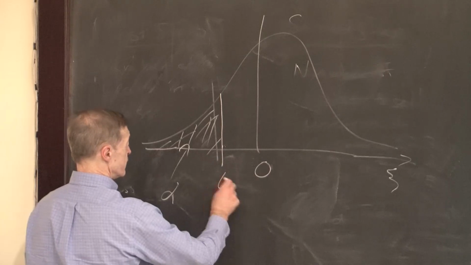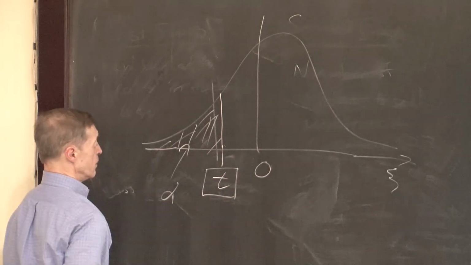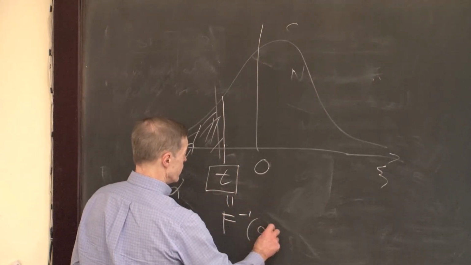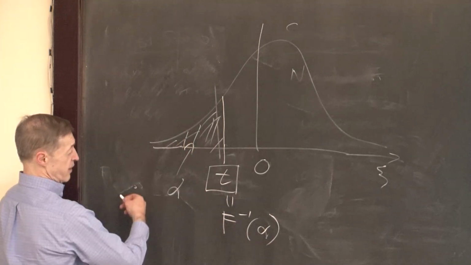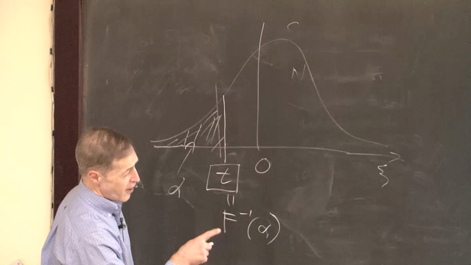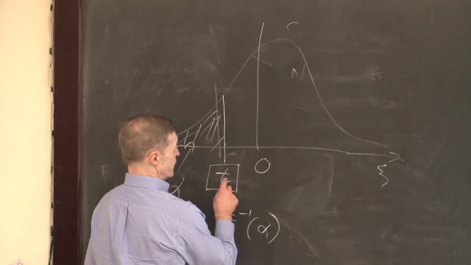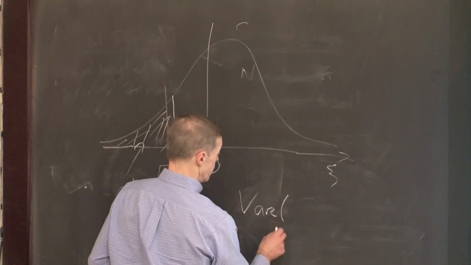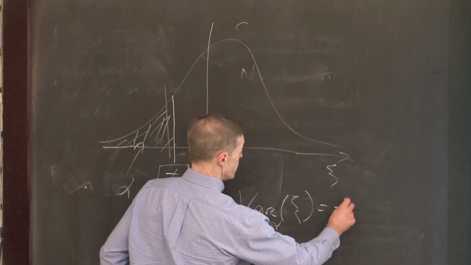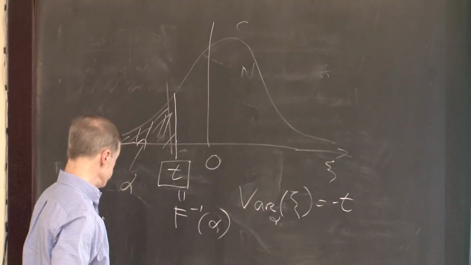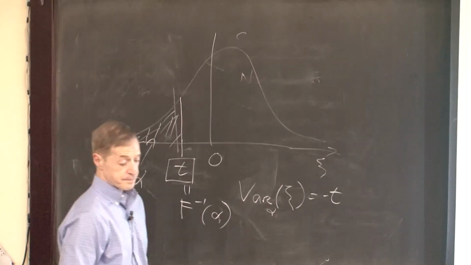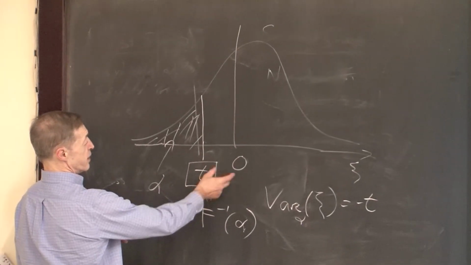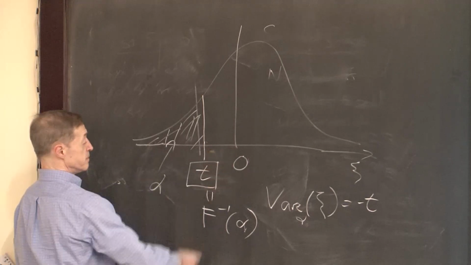Okay, so let's say this point is T. T is F inverse of alpha. So this is the alpha tail. Then the VaR is essentially minus T. So the VaR of alpha of C is minus T. So it's how much I could lose. T is a negative number, so I could lose minus T.